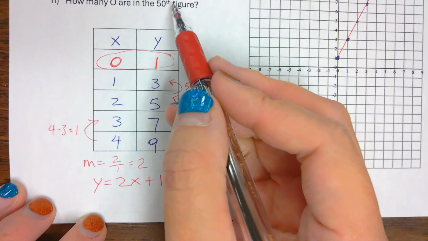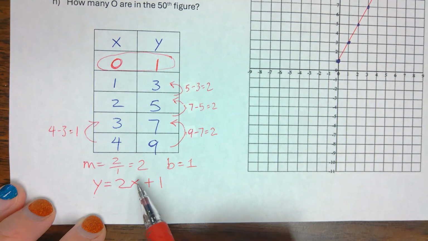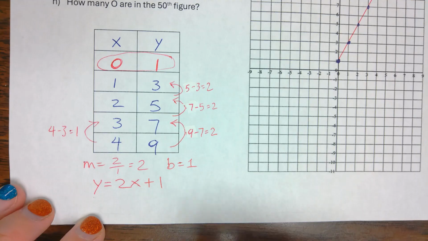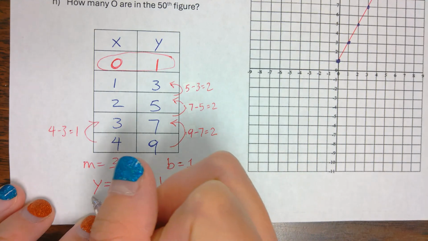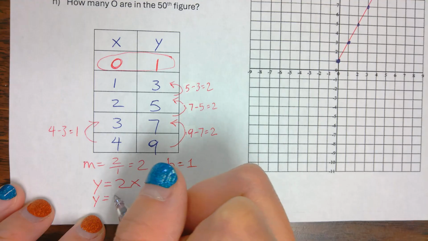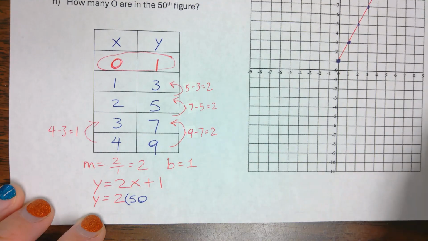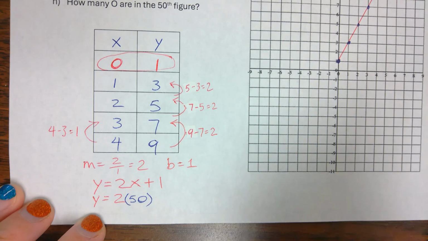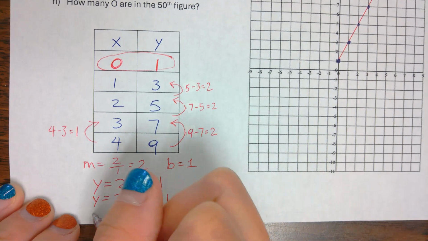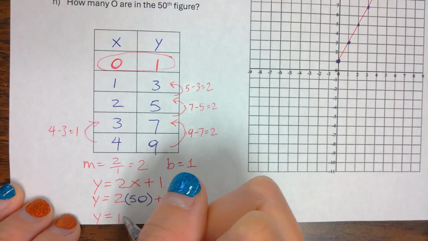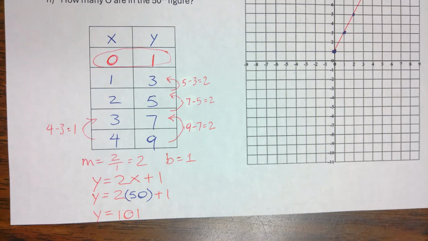I want to figure out the 50th figure. Should I sub that in for x or y? Eric? x, right? Because x represents the figure number. So 2 times 50 and then plus 1. So you get 101. 101 O's.